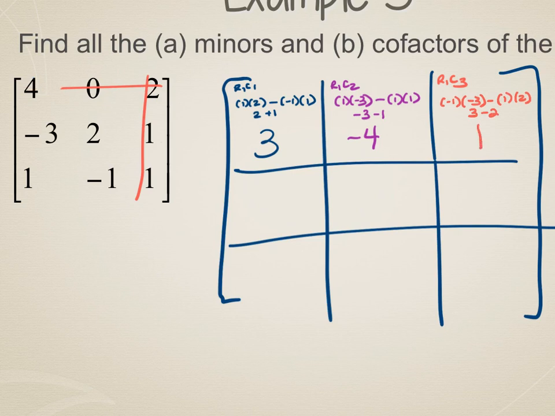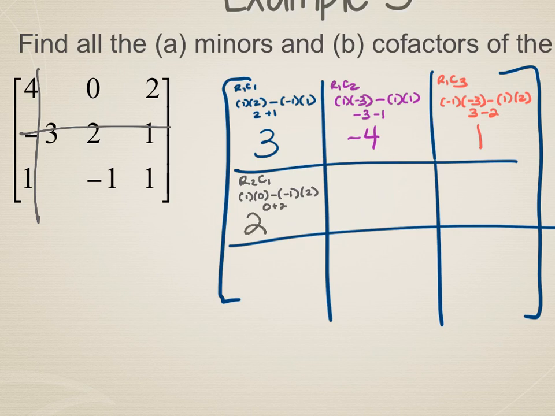Now I continue that process for the other rows. For row 2, column 1, I cross through row 2, column 1, and I get 1 times 0 minus -1 times 2, or 0 minus a -2, which becomes +2. Row 2, column 2, I'm going to keep row 2, but I'm going to cross through column 2 instead this time.